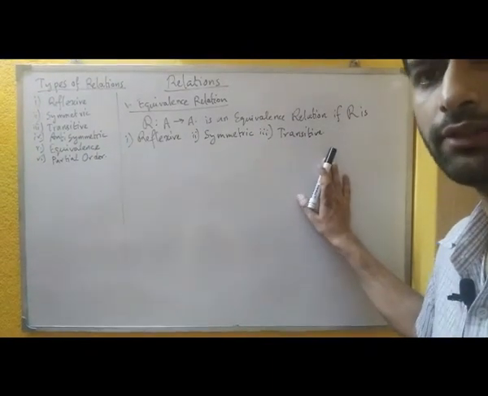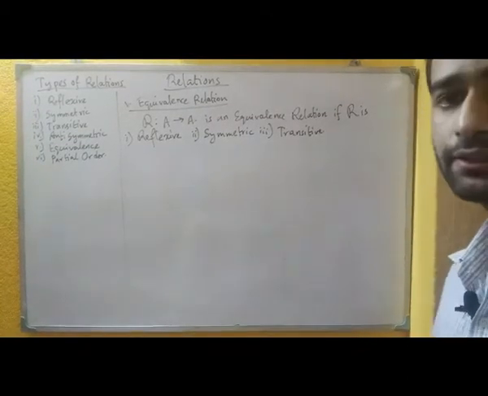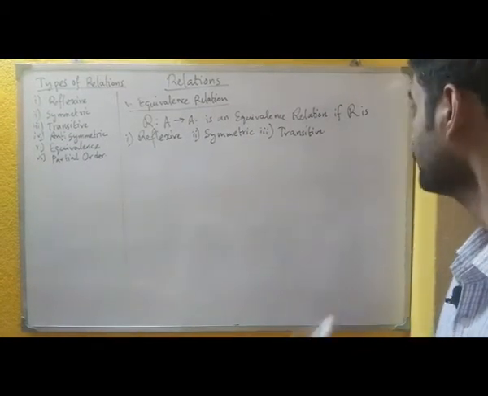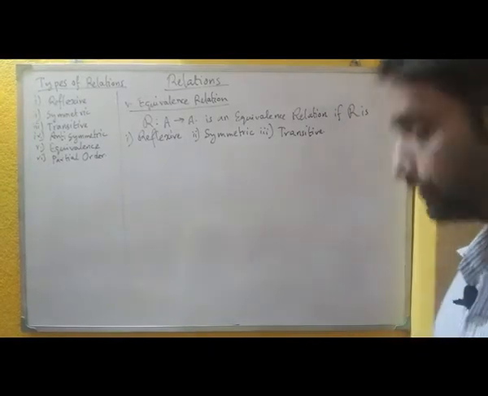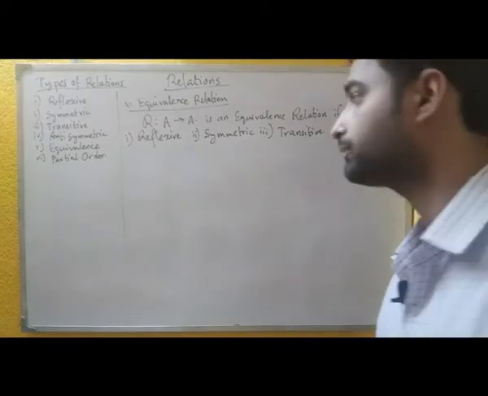If these three hold together, then we say that the relation R is called the equivalence relation on A. So let us take an example.